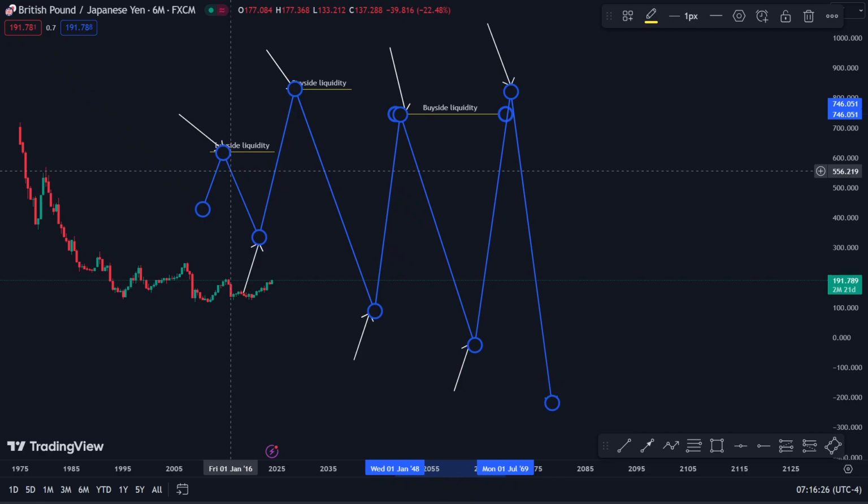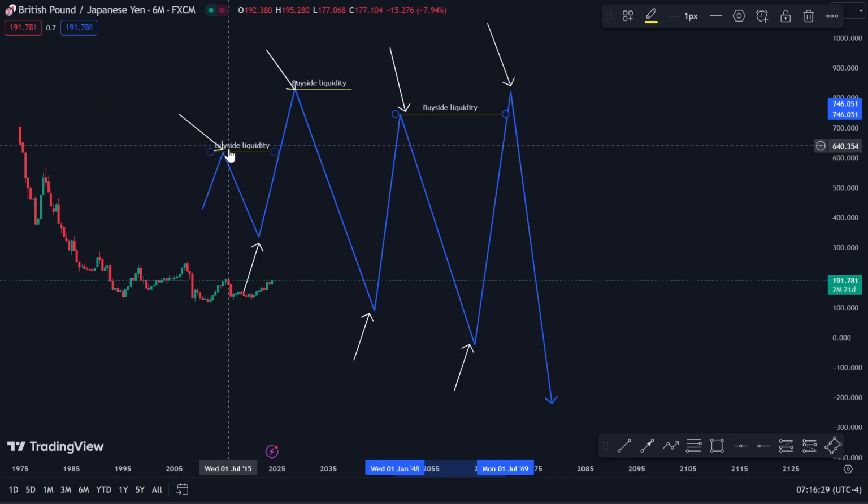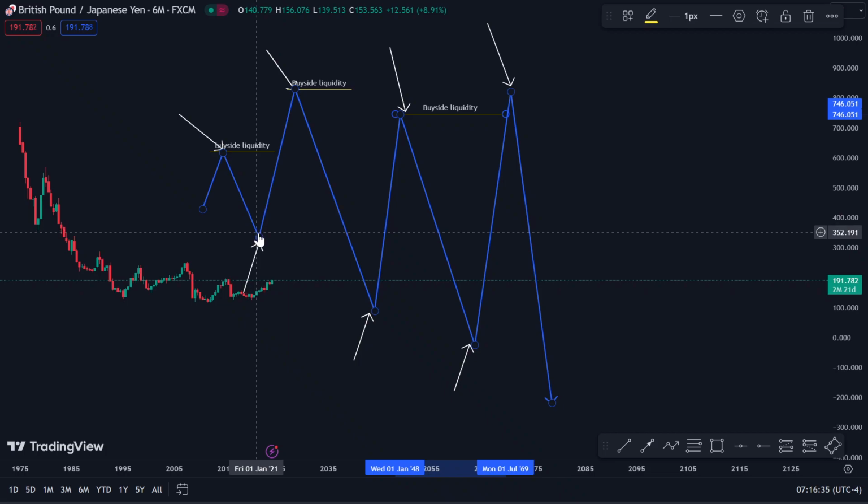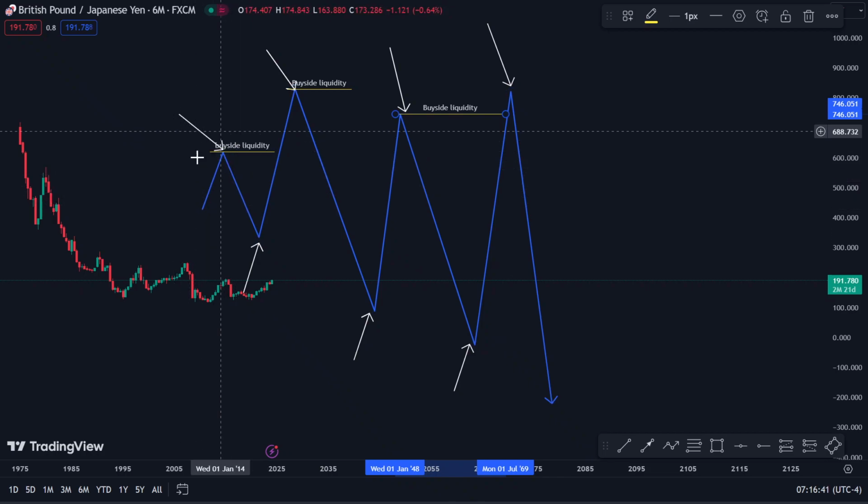So the market is engineered, or structured, in a way whereby it takes out the buy stops in the form of buy side liquidity that rests above the swing highs, and after taking them out, it goes down and targets the next draw on liquidity, which will probably be the sell stops.